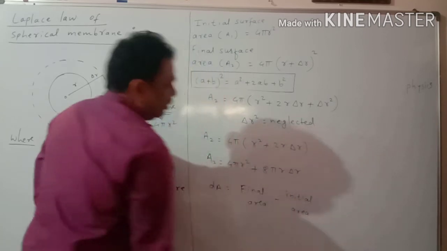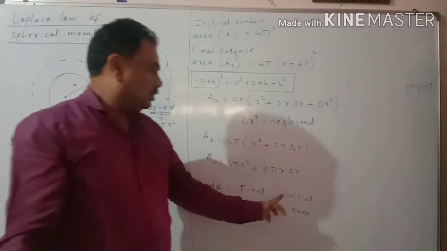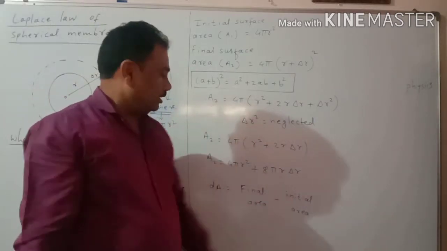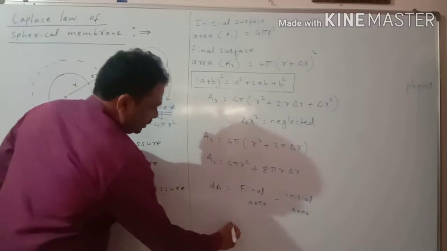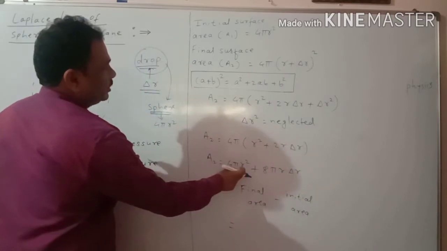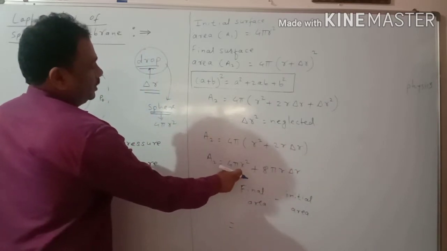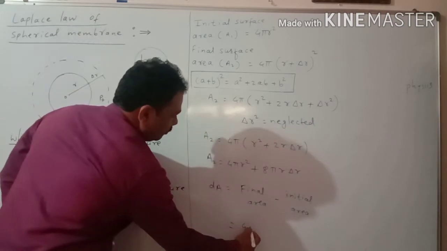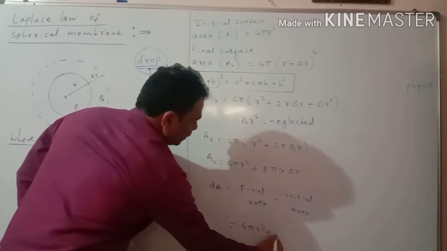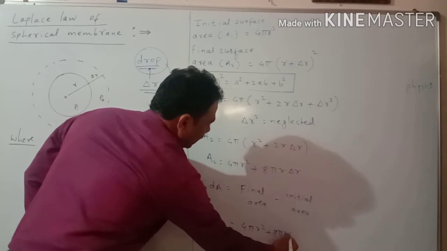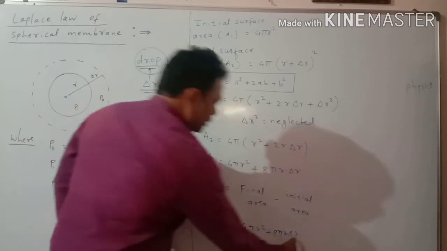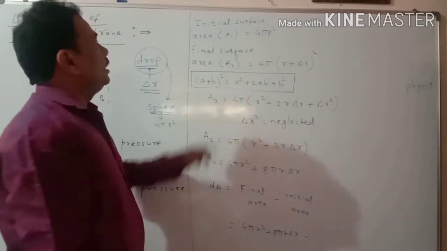Now we have both equations. So the final surface area is 4πr² plus 8πrΔr, minus the initial area.